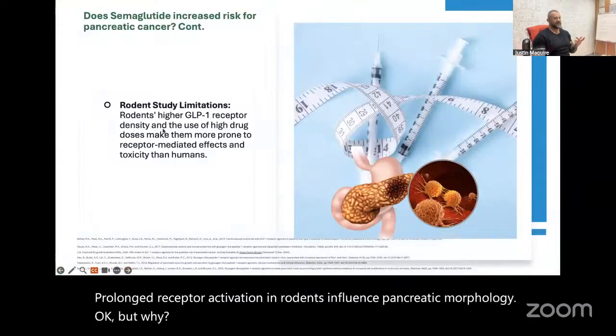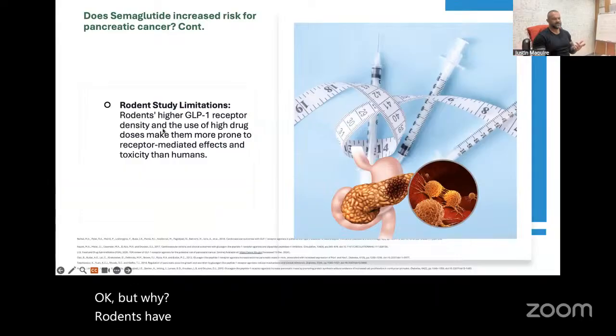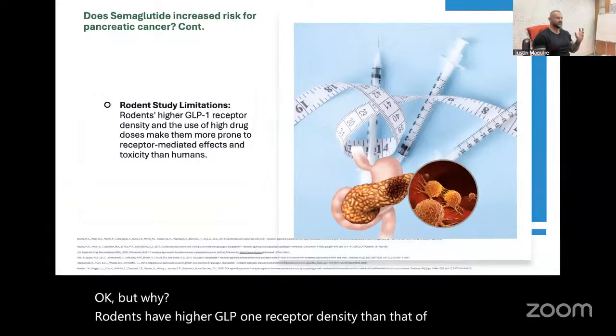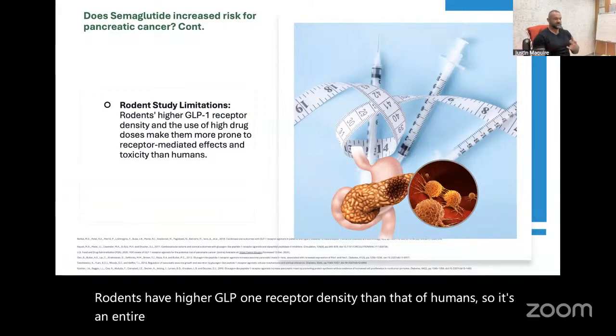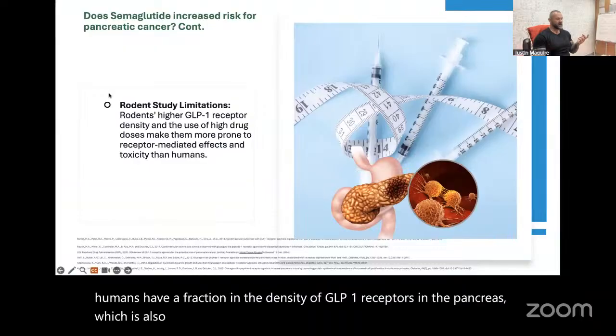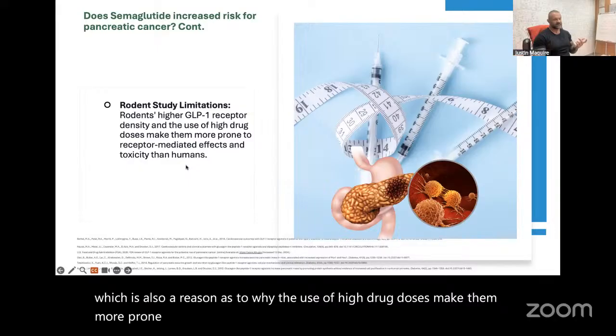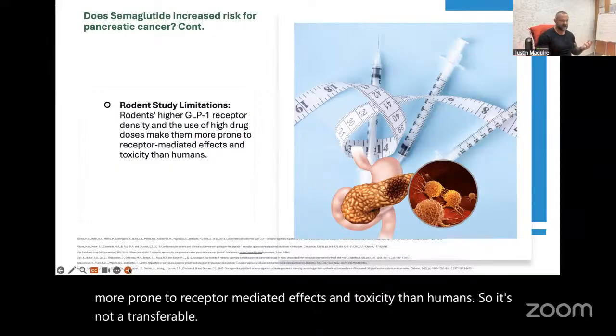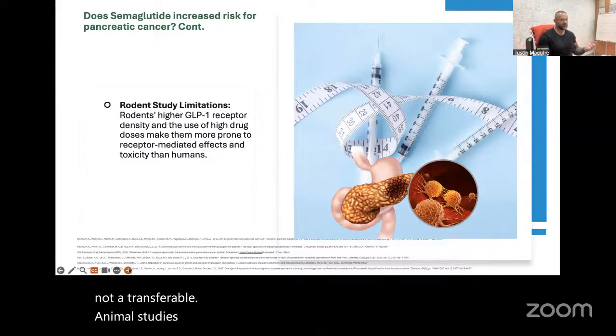Rodents have higher GLP-1 receptor density than that of humans. So it's an entirely different physiological construct. In comparison to rodents, humans have a fraction of the density of GLP-1 receptors in the pancreas, which is also a reason why the use of high drug doses makes rodents more prone to receptor-mediated effects and toxicity than humans. So, animal studies, once again, are not directly transferable to human physiology.